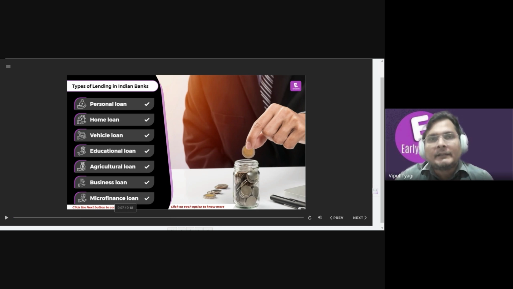When they go to the bank, the bank will ask for some security, and only then will it give a loan. For people who cannot provide any security or collateral, the government decided to launch a microfinance kind of loan, where we will give very small loans to them.